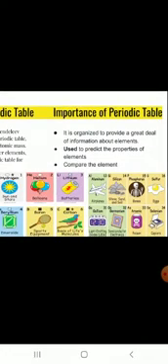So basically, the periodic table provides us a lot of information, and it also helps us to predict the properties of the elements which we don't even know. As I told you, the periodic table tells us the atomic number, atomic weight, symbol, and name for each of the elements. So that is great information it's providing us, and obviously it helps us to compare the elements.